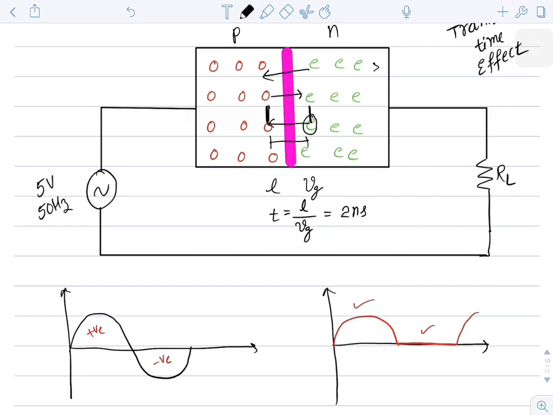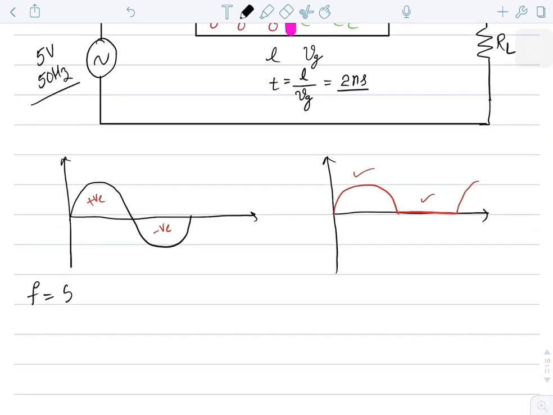That means the time taken for the electron to move from n-type region to p-type region, that means to overcome the barrier potential, is 2 nanoseconds. And if you compare the time period of the signal, with f equal to 50 hertz, that implies time period T equal to 1 by 50, that is 0.02 seconds.